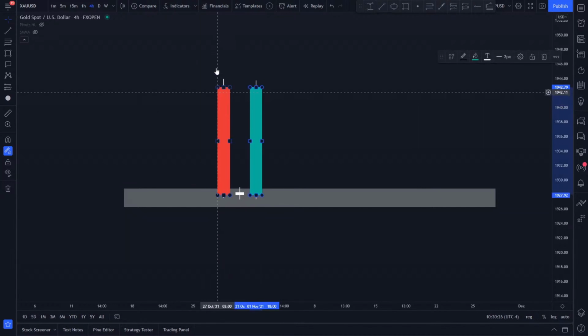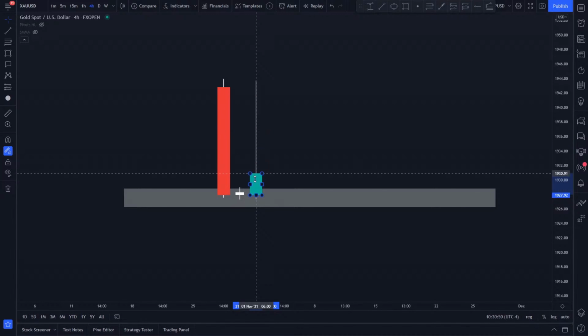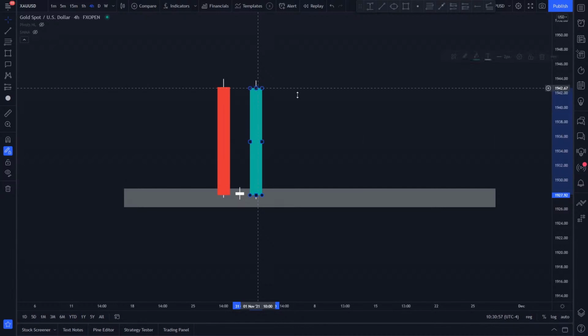The first candle is bearish. It has to be bearish. The second candle is a small range, most likely going to be a doji, right? And then the third candle has to be at least 50% higher. So it can look like this, like 50%. That's 50% higher, right? But it cannot look like this. Too small. It has to be at least 50% or greater for it to be a morning star.